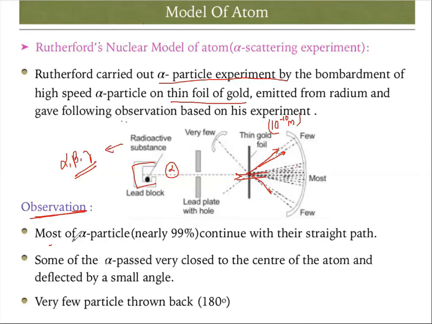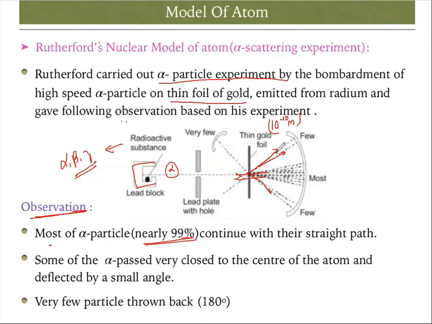First observation is most of the alpha particles, nearly 99%, continue on that straight line path. As you can see here, the maximum percentage of alpha rays are penetrating through the gold foil. Next, some of the alpha particles pass very close to the center of the atom and deflect by a small angle.